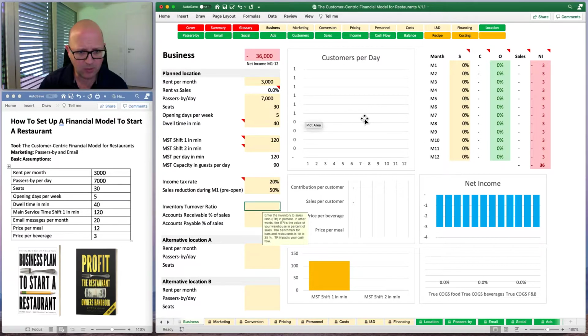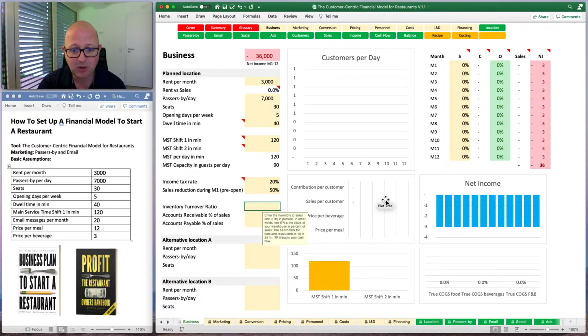Then the next 3 are relevant for your cash flow. That's the inventory turnover ratio, which means that's the ratio between the value of your inventory, your stocking for food and beverage, and the sales you make. As you see here, I also put in some commentary. When you click on an input field, that helps you with benchmark and explanation to find hopefully realistic and helpful input.